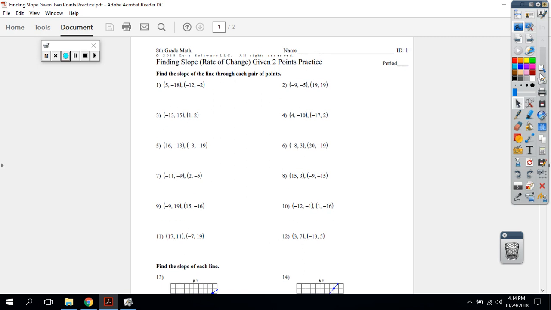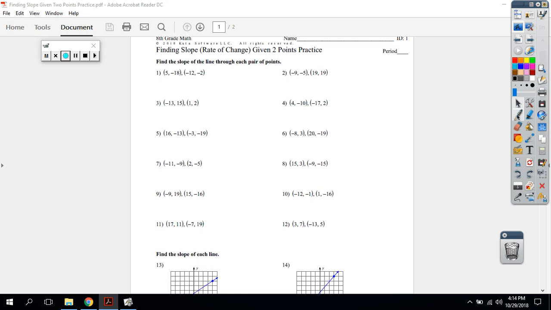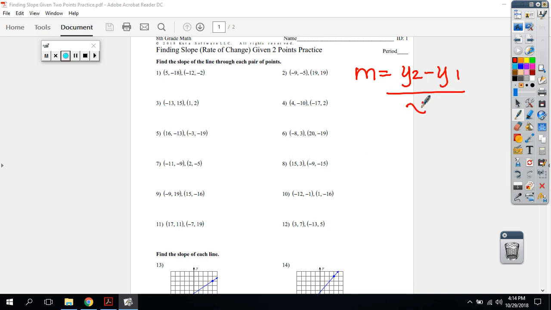On the top, it says find the slope through each pair of points. So for numbers 1 through 12, you're going to use your slope formula, y2 minus y1 divided by x2 minus x1.